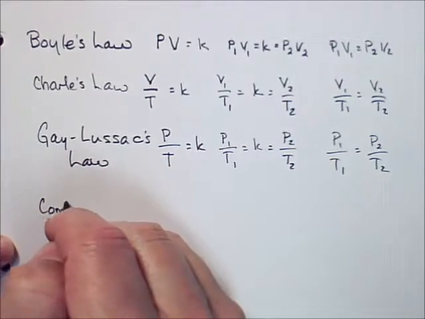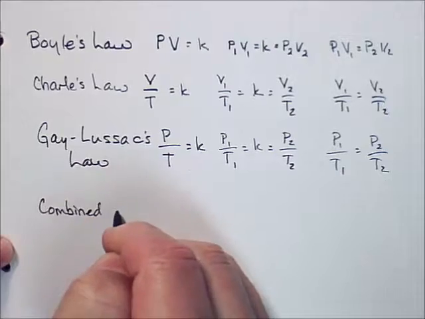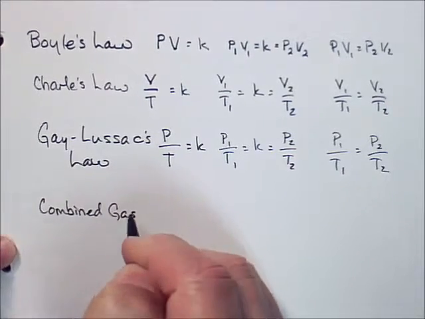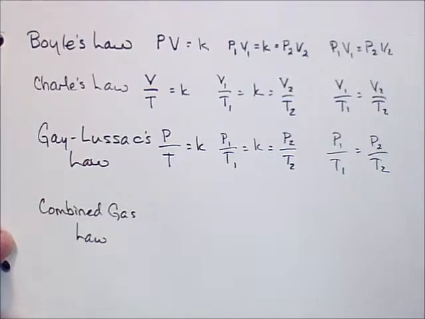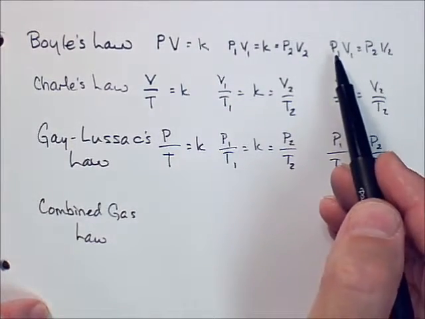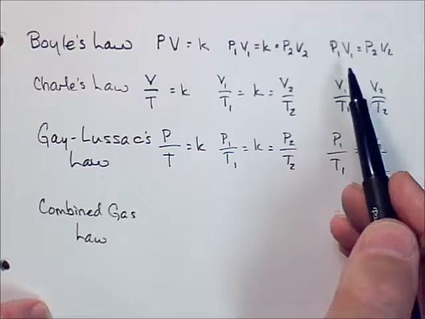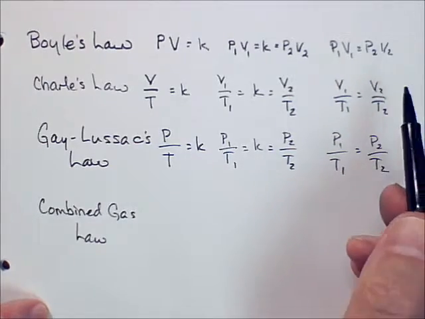So if we put these laws together, we're going to combine them. We call it the combined gas law. So in this case, what we're looking at is, what if we are changing pressure, volume, and temperature?